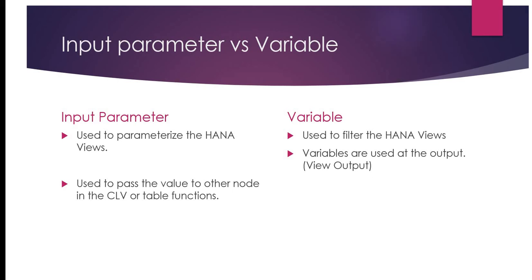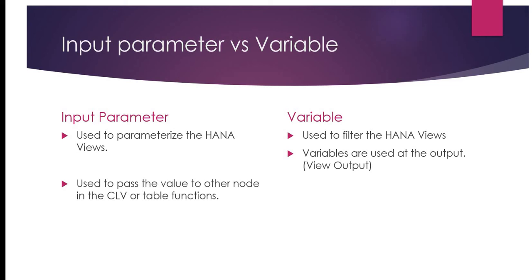Variables are used at the output, meaning whatever data your calculation view provides. Suppose you are giving a year equal to 2020. In that case, your data for 2020 comes at the top.